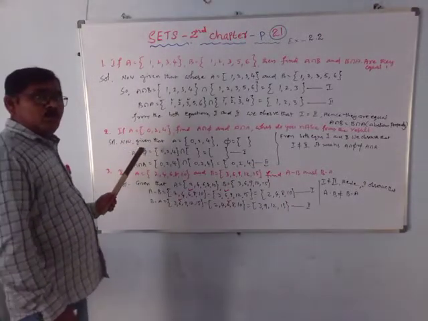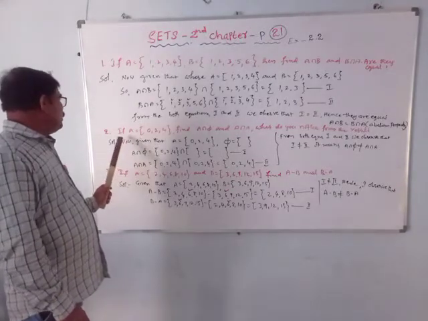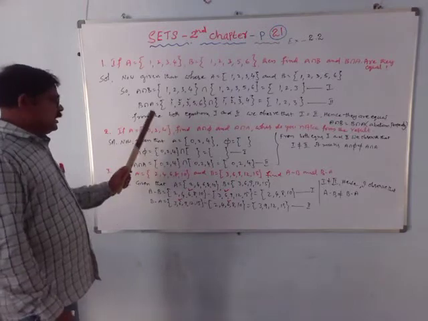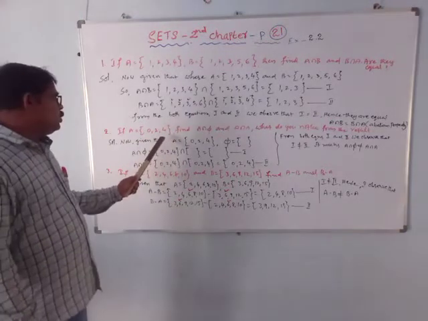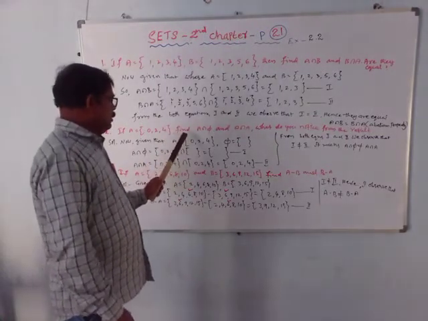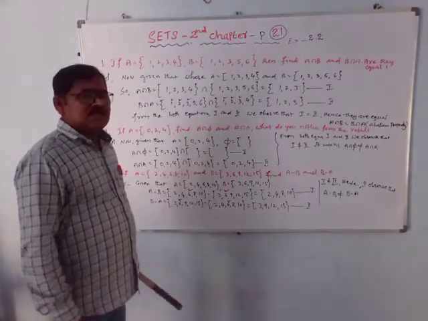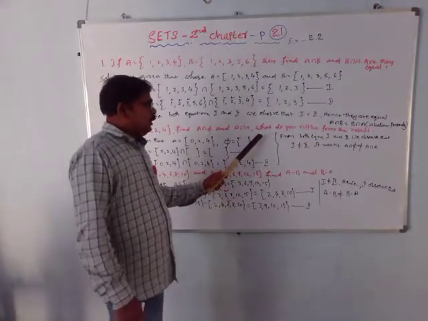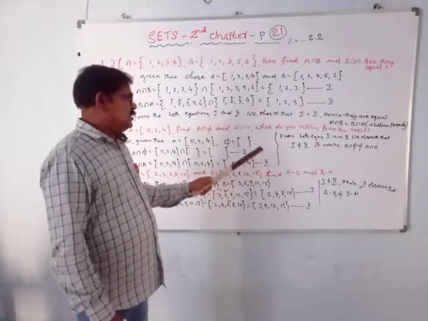Now we find the solution to the second question. What is the second question given here? If A is equal to the set {0, 2, 4}, then here we are asked to find A intersection empty set and A intersection A, and also another observation.